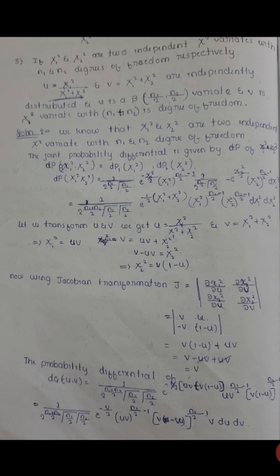Using the determinant, that is φ(1 - u) + uφ, or φ - uφ + uφ, that is equal to φ. That is called the Jacobian J.